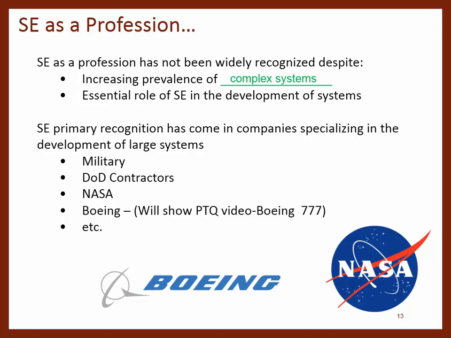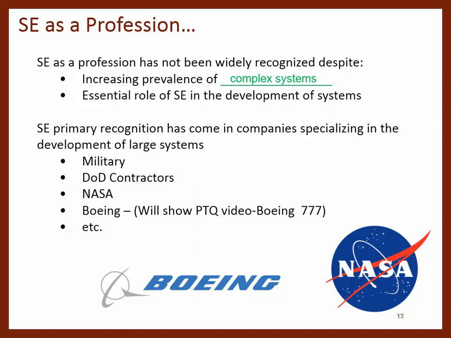Systems engineering's primary recognition has come in companies specializing in development of large systems. As I mentioned in the first lecture, if you have plans to work for government organizations such as the military, the Army, the Marines, the Air Force, the Department of Defense, Department of Homeland Security, NASA, all these organizations deal with very large projects and they implement a lot of systems engineering concepts within their engineering departments.